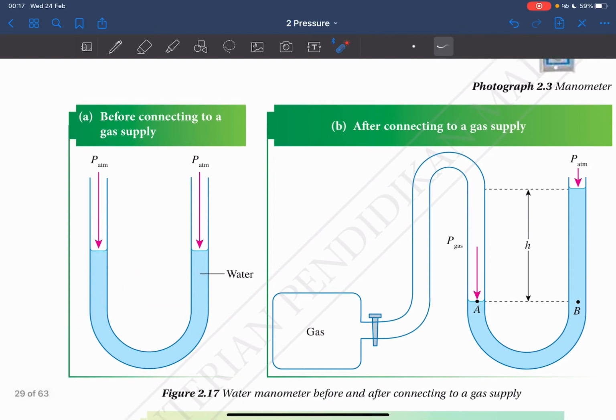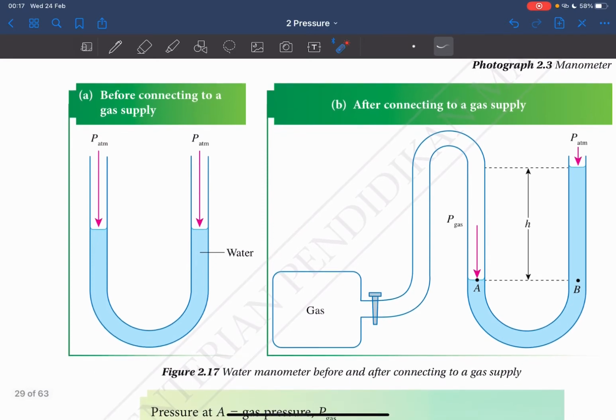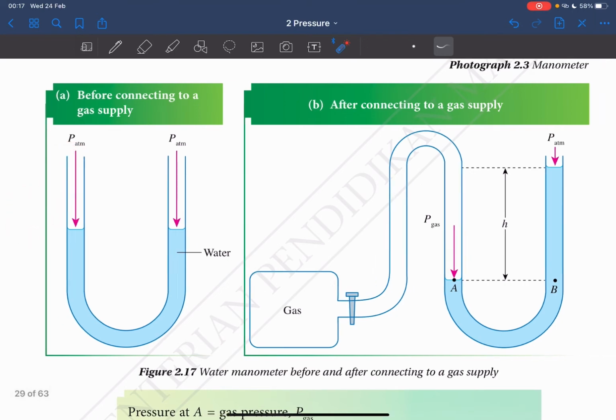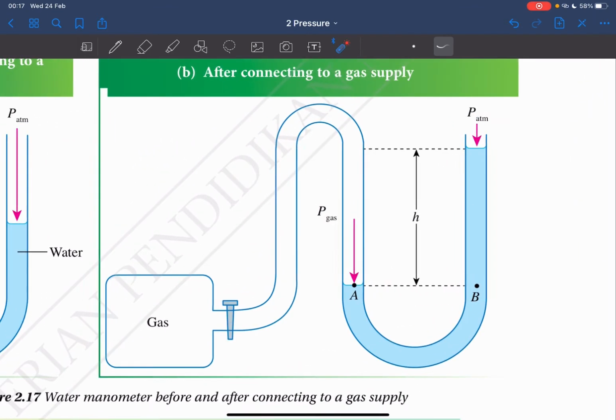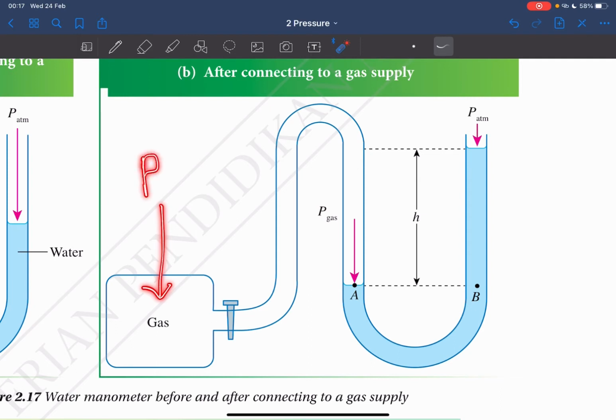What happens when we connect this end to a gas? This is what happened here. After connecting to a gas supply, you can see that the gas is no longer ATM. It has its own pressure.